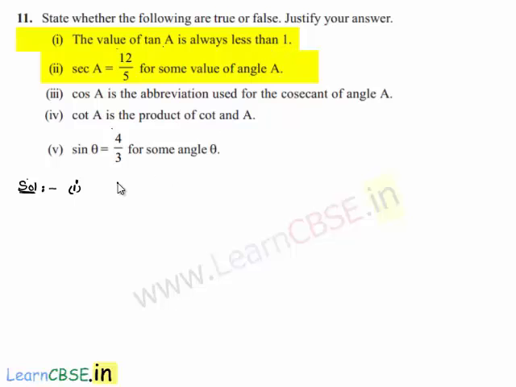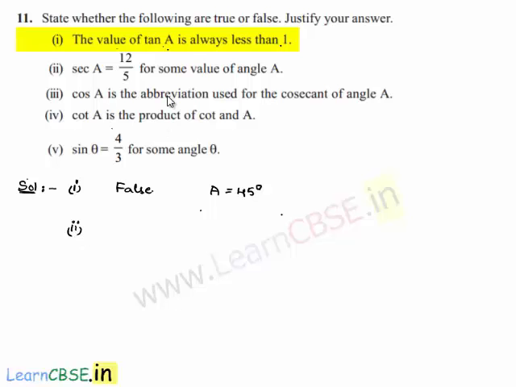It is false because the value of A corresponding to value 1 is 45 degrees. So as tan goes from 0 to 90, the value increases from 0 to infinity. We can't say that the value of tan A is always less than 1. So the first statement is false.